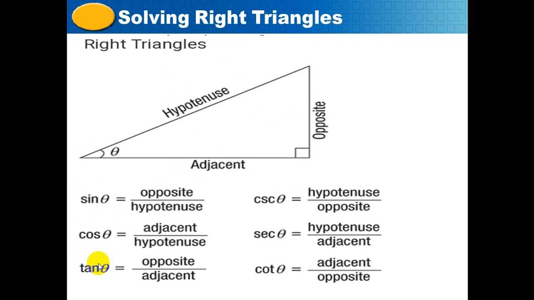And tan theta equals opposite over adjacent. In addition, the reciprocal of each ratio on the right-hand side is also a trigonometric ratio. Cosec theta equals hypotenuse over opposite. Sec theta equals hypotenuse over adjacent. Cotan theta equals adjacent over opposite.